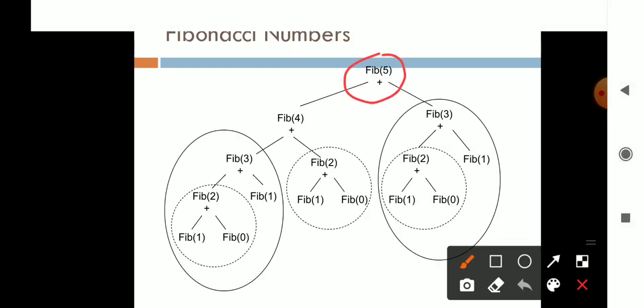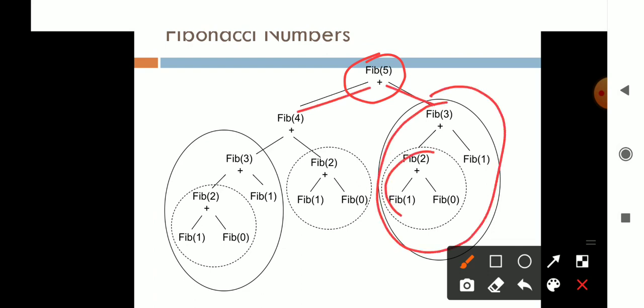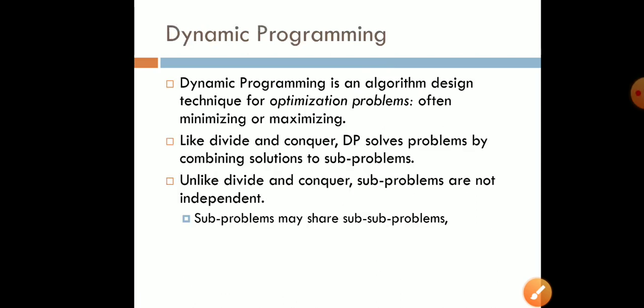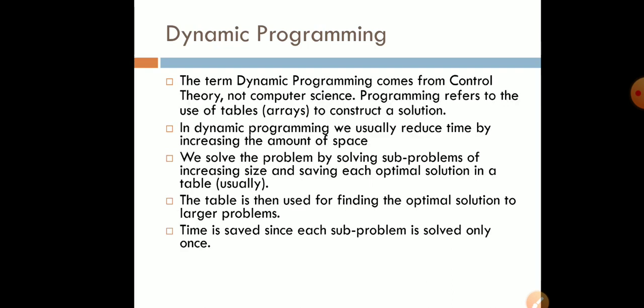This is your original problem. It is divided into two subproblems. This is one subproblem which is calling another subproblem, right? So here we have subproblems which are not independent, right? So that is what we have here, the dynamic programming.